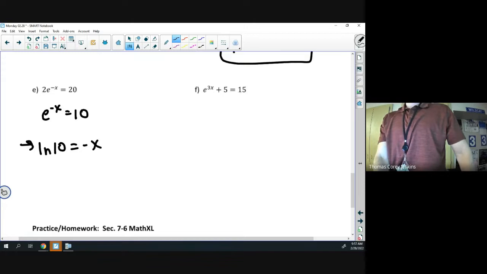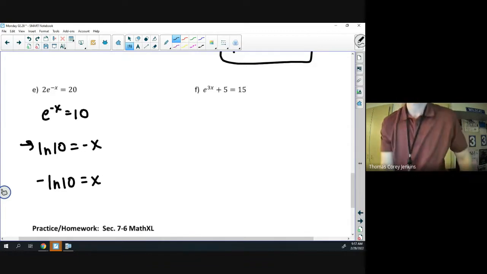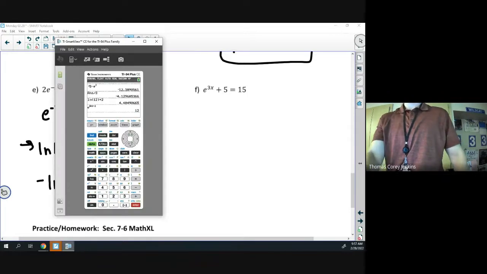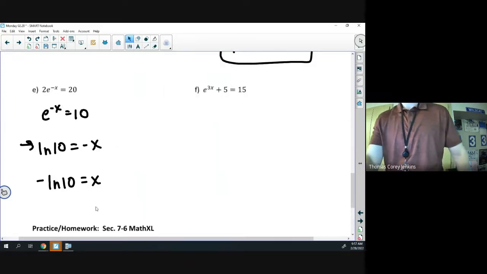Now you could multiply both sides by negative 1 to get negative natural log 10 is equal to x. Again, we can just type that into our calculator. Negative natural log of 10 is going to be about negative 2.3026.